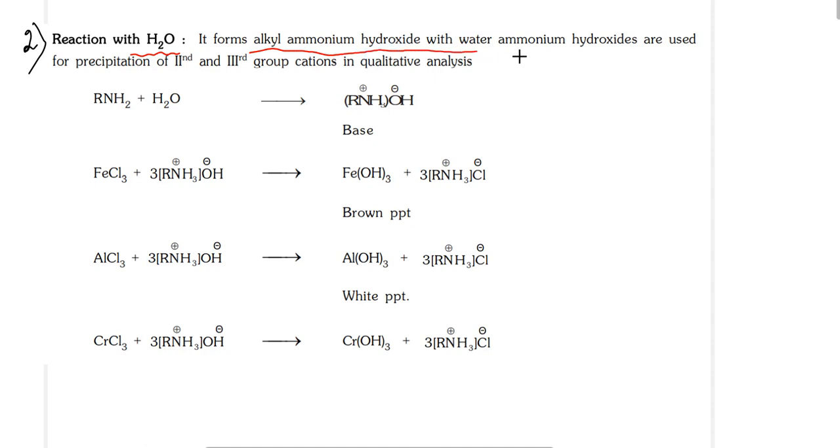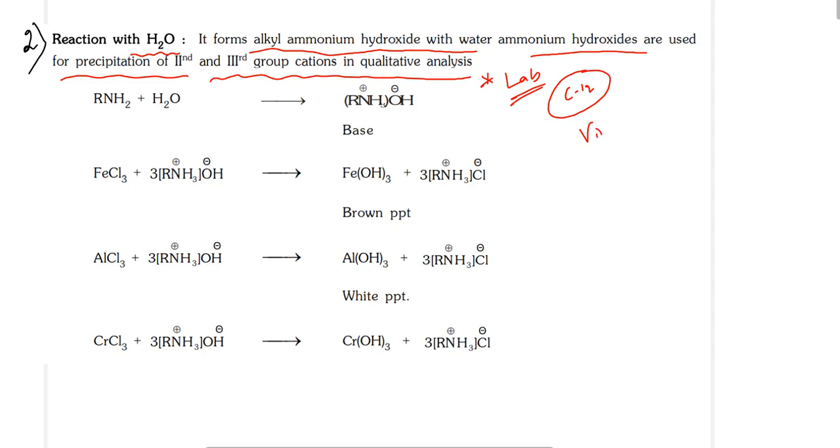Ammonium hydroxides are used for precipitation of second and third group cations in qualitative analysis. It is very important in the laboratory, in the class 12 chemistry lab. We will do this, and there is a chance of viva questions also from this.